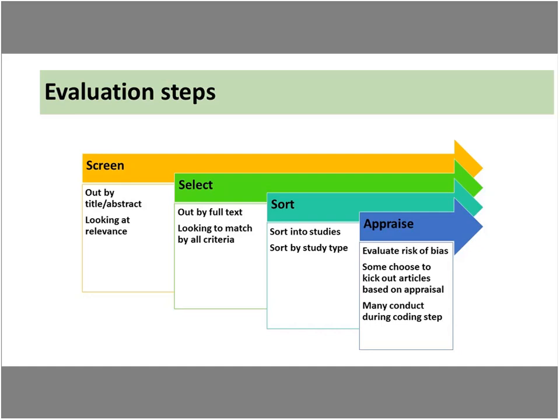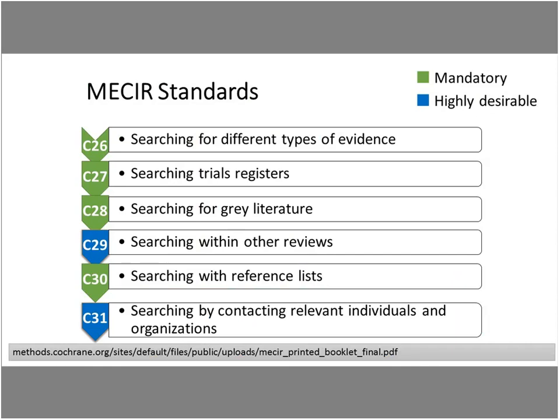And then we also last time talked about what I call the expanded searches. So those things that you might do beyond your typical subject database searching. And so I went through the MECIR standards. These are the newish standards from Cochrane, which are freely available online.